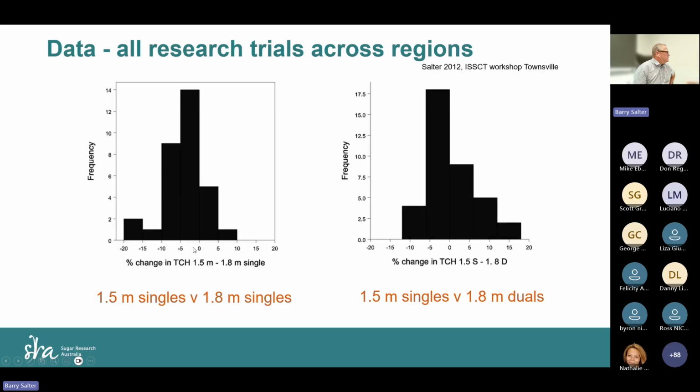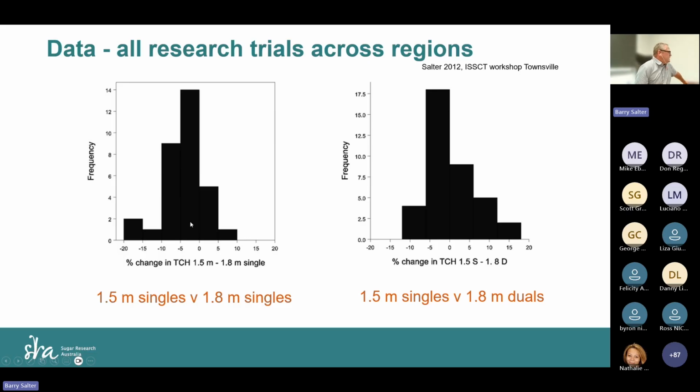How many of those trials did we see a 0 to 5% loss versus a 0 to 5% gain, or 5 to 10, etc.? And you can see for the single row systems, you could say that it's fairly evenly distributed data. That's where the difference is close to 0. But there tended to be a few trials where there were greater losses on the 1.8 metre single compared to trials where there were gains on the 1.8 metre single.